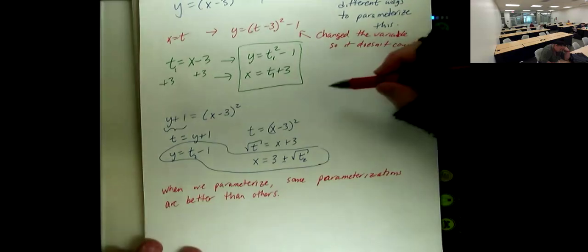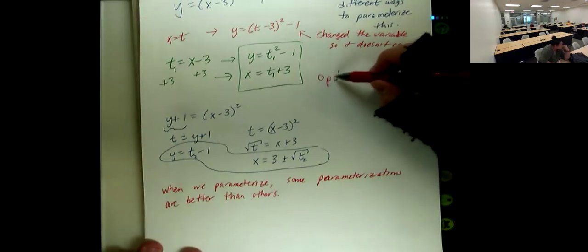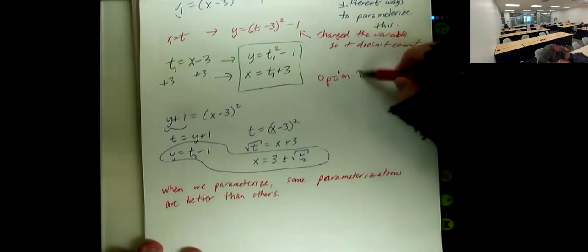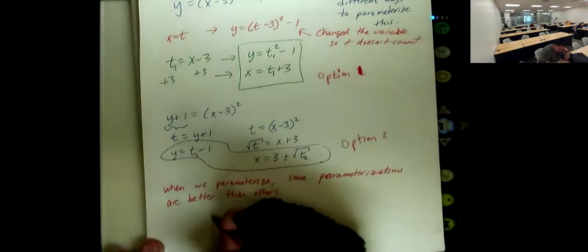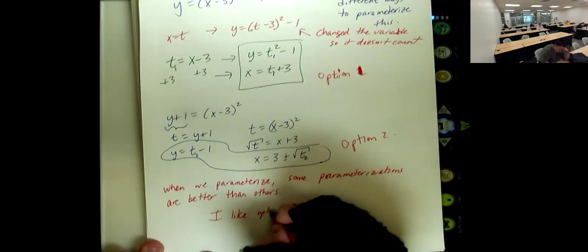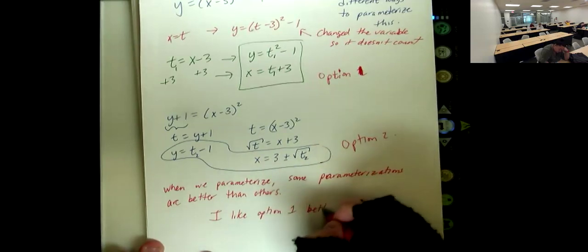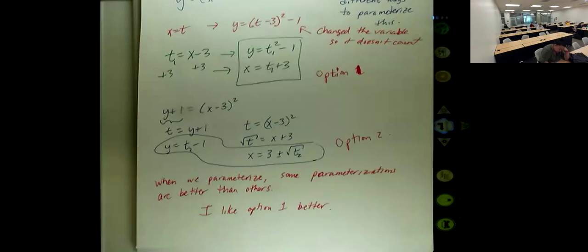Like if that's option 1 and this is option 2, I like option 1 better. It doesn't have a square root. The idea here is you get to pick, if you're going to do a parameterization. You can pick how it's set up, but it has to work in both. Okay.